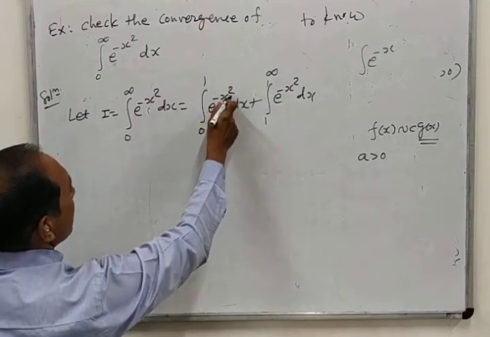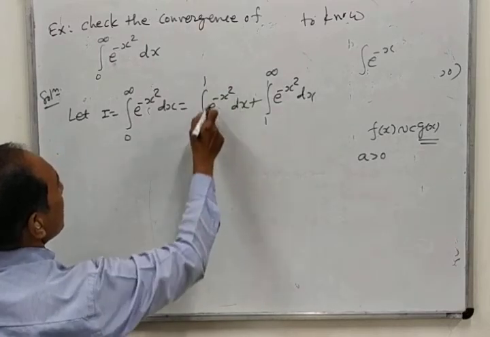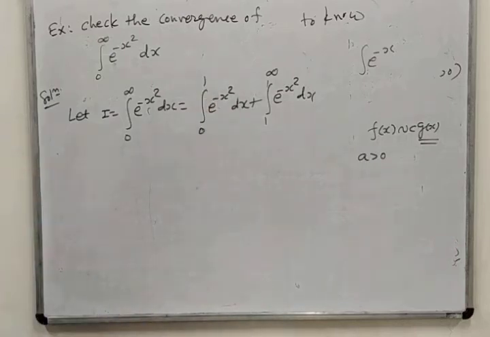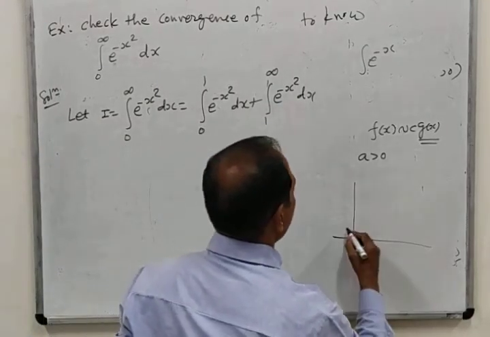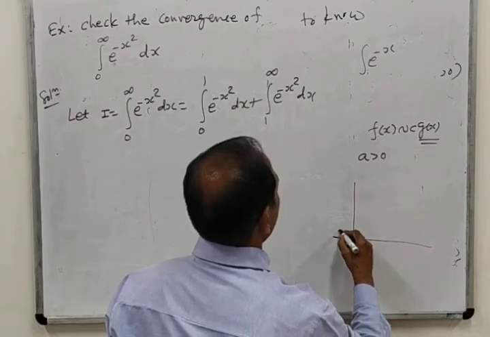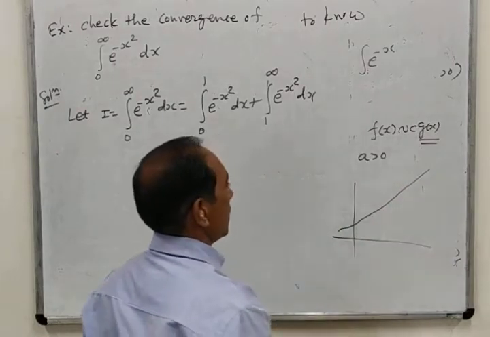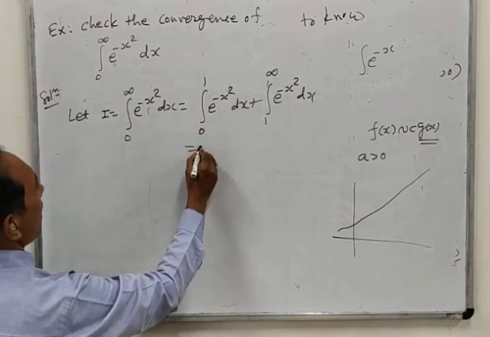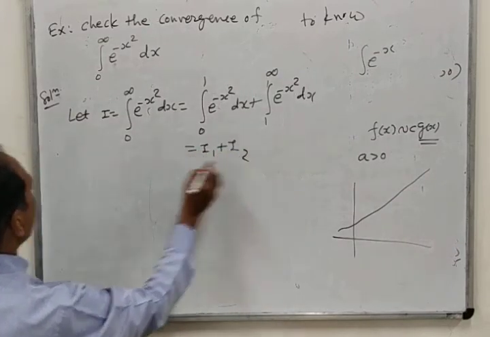But we know that here the limits are 0 to 1, and the function is e raised to minus x square. It is not discontinuous at 0 or 1 or between 0 and 1, because e raised to minus x square never vanishes. It is a continuous function, so this is always convergent. So we write this as I1 plus I2.